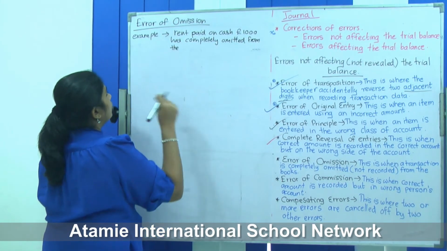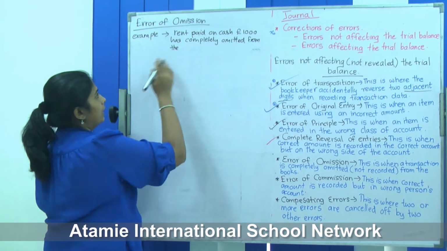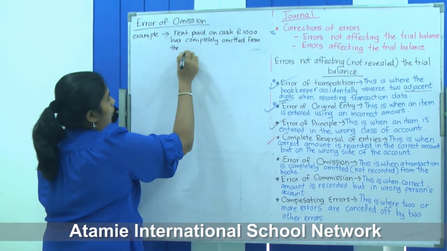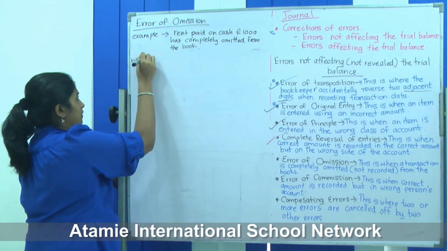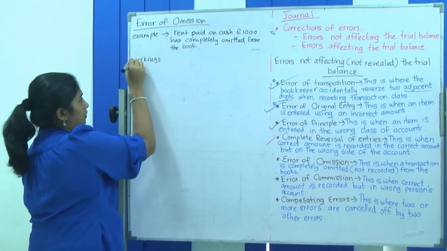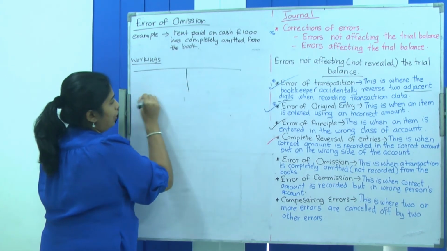That means the rent paid in cash, the whole transaction, has not been recorded. So what you have to do as workings is just record it. You need 2 T accounts.